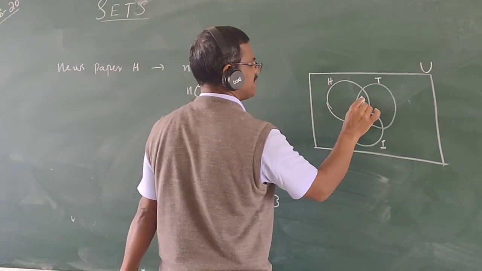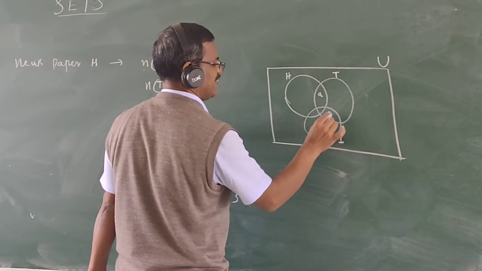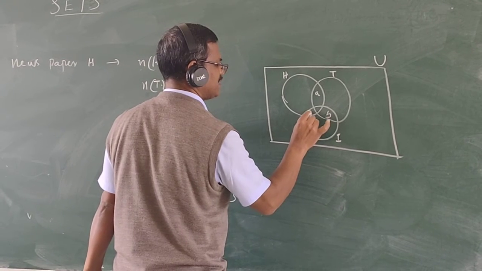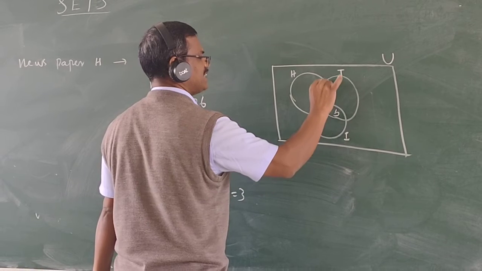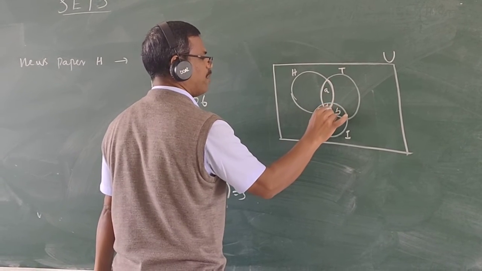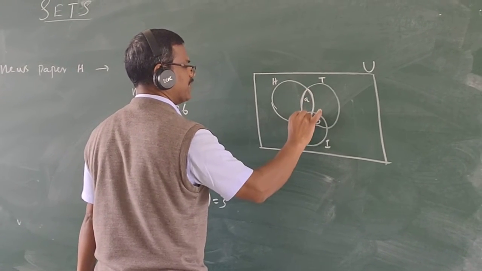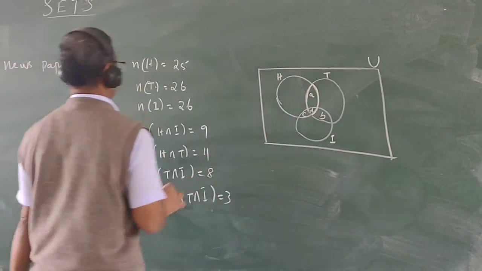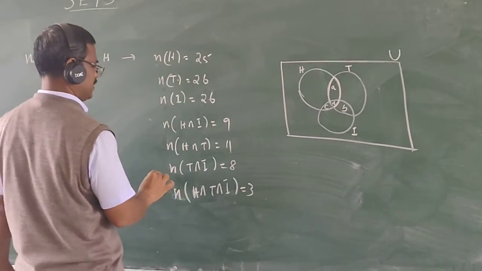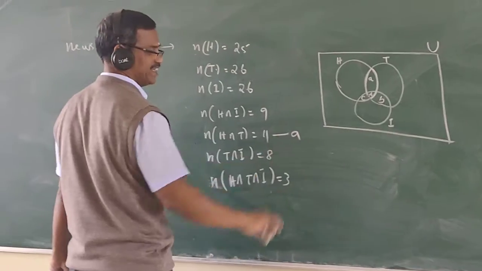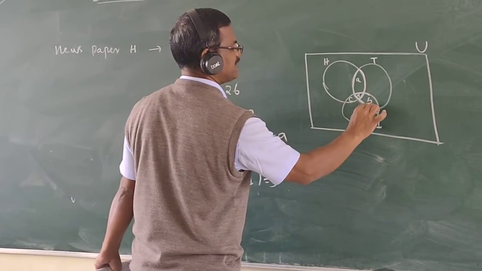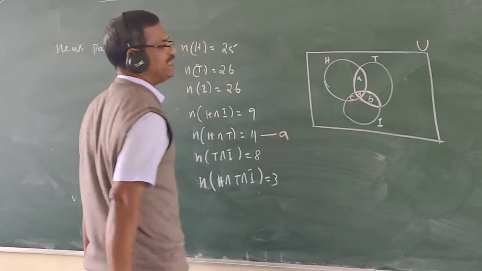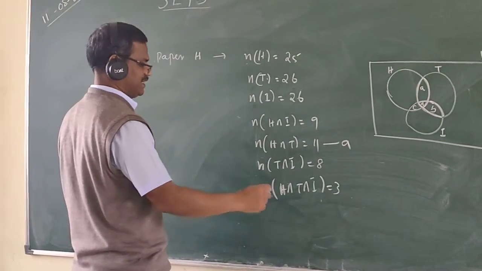I mark this as A, this as B, this as C, and this as D. A is the common portion of Hindu and Times. B is the portion of Times and Indian Express.